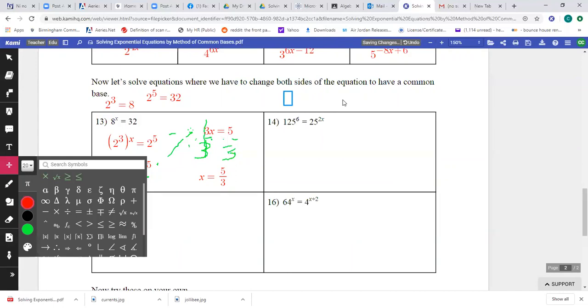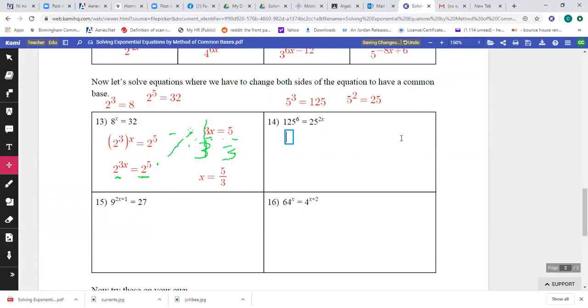Okay, so I know from the table above that 5 to the third is 125. And I also know that 5 squared is equal to 25, right? So I'm going to rewrite each of these, the left side and the right side, using the powers of 5. So let's do that right now. 125, I'm going to rewrite as 5 to the third, but that's still being taken to the 6th power.